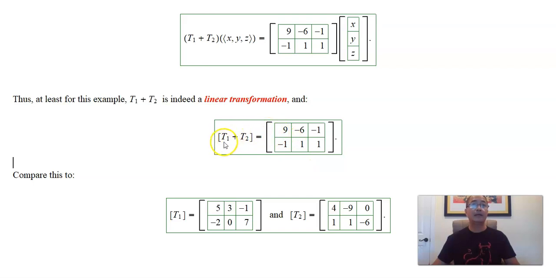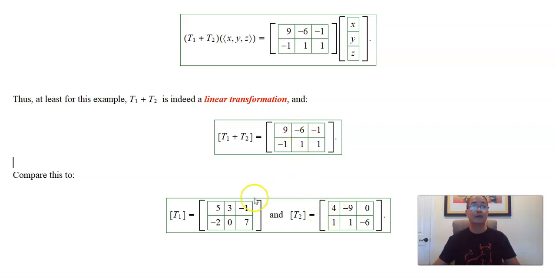Okay, so we will write that the matrix of T1 plus T2 is this matrix, 9, minus 6, minus 1, minus 1, 1, 1. Let's compare that to the matrices for T1 and T2 separately. What could be the connection? Well, where did 9 come from? 5 plus 4.